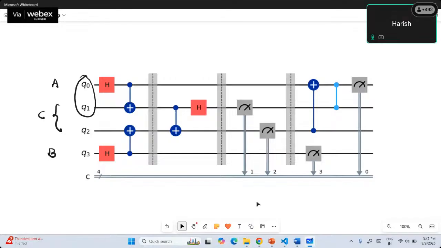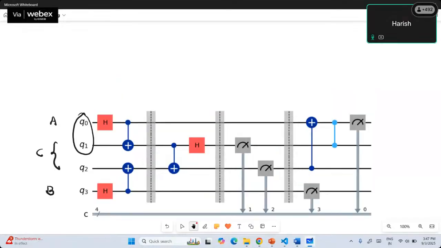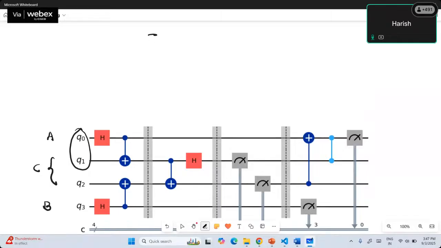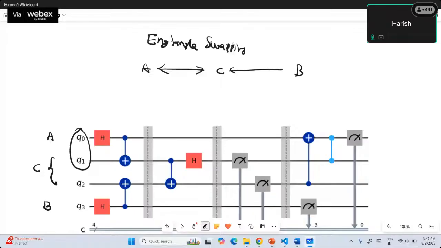Perfect. So in entanglement swapping, suppose there are three parties, A, C, and B. C is entangled with both A and B, but A and B are not entangled.